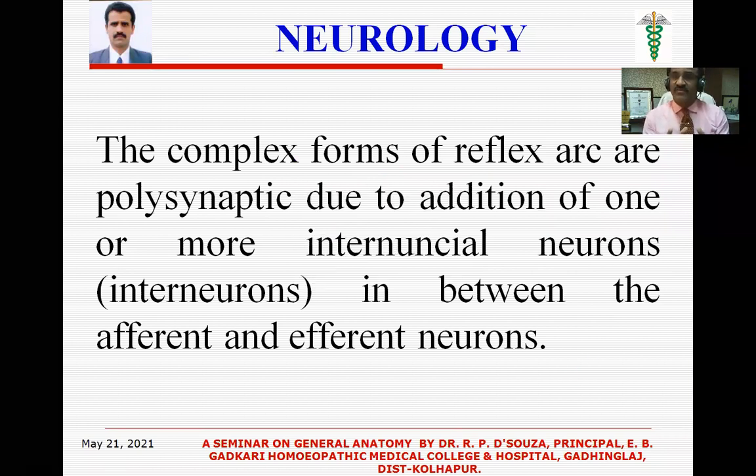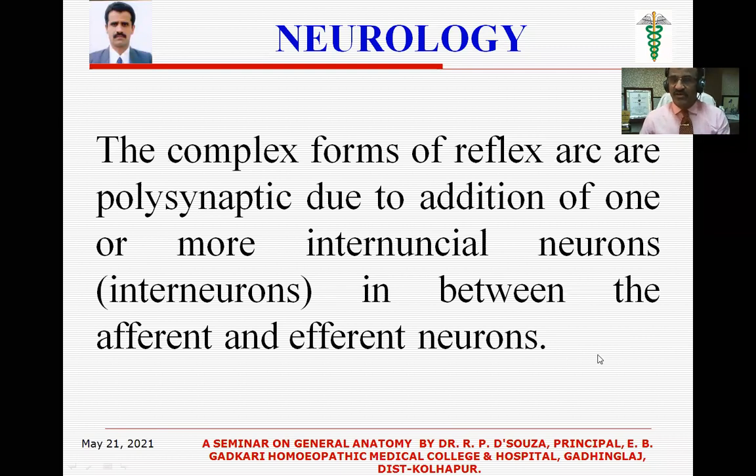The complex forms of reflex arc are polysynaptic. And now you know what is a synapse. Okay, it is a contiguity rather than connectivity between two neurons or parts of neurons. So the complex forms of reflex arc are polysynaptic due to the addition of one or more internuncial neurons or interneurons in between the afferent and efferent neurons.